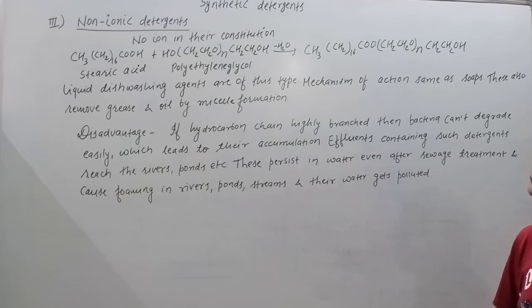I hope this topic is very clear to you. If you have listened to all these lectures carefully, it will be very easy for you to solve any type of questions related to this topic in NEET as well as in JEE Mains. Thank you.